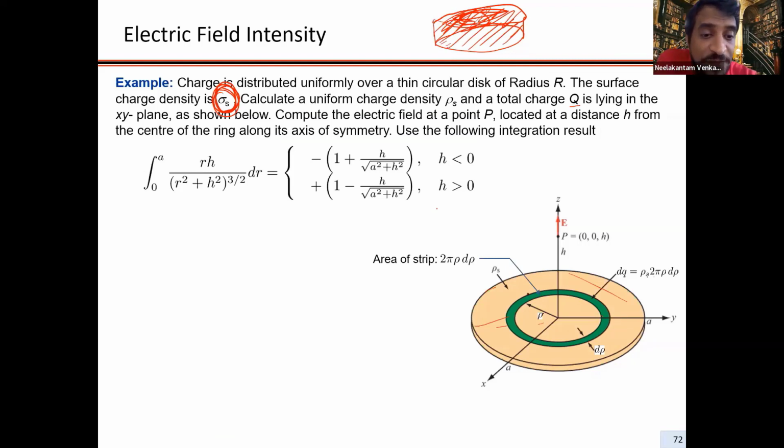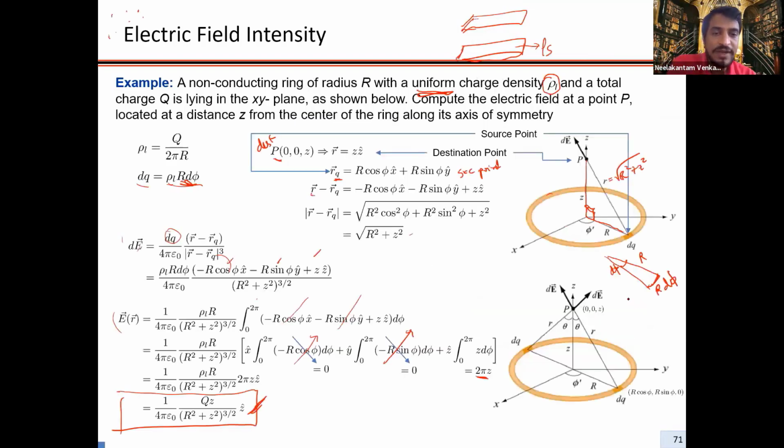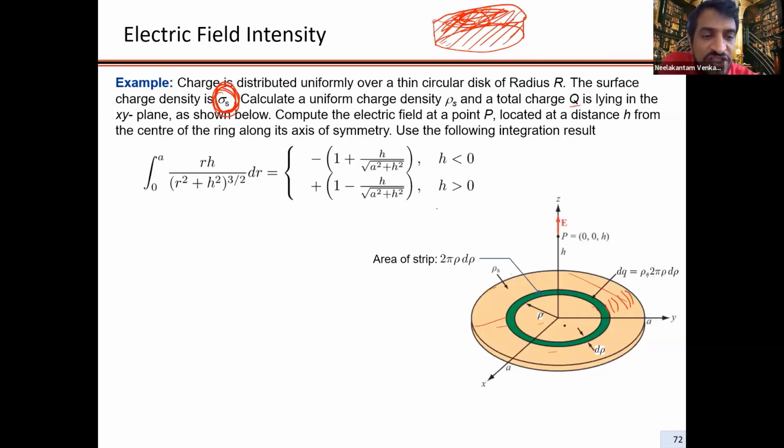You notice that I can break this into small little loops. Previously my radius was fixed, but here my radius is going to change.